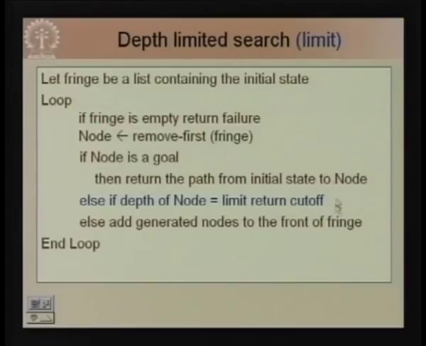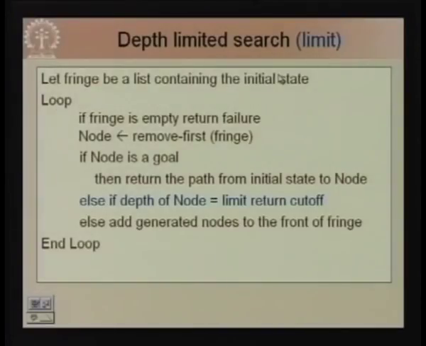We mentioned that depth first search may not work in infinite state spaces where it may not reach a solution and go into an infinite loop. So, we have a variation of depth first search which we call depth limited search, where we cut off search at a particular depth. So, depth limited search works like this.